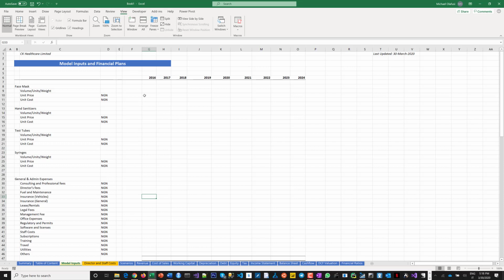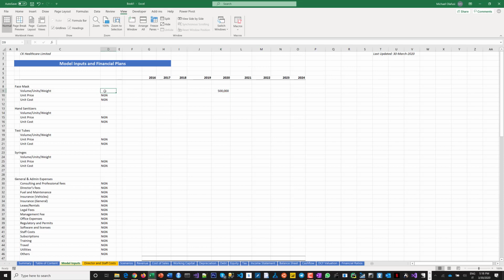And if, like we said, the company is just starting to make their products this year, so as per volume of production, they feel they should be able to do for face mask, say 500,000 units.